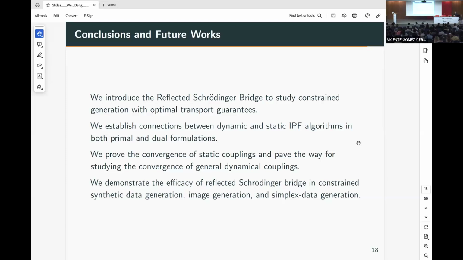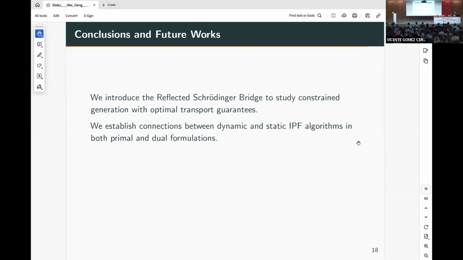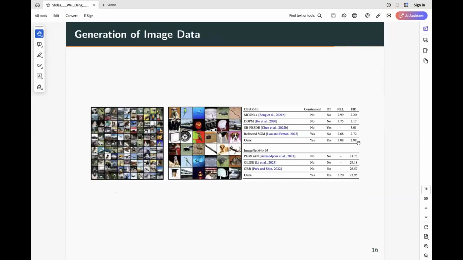Yeah. So I'm not very familiar with the existing work here, but could you explain, in the image generation experiment, what are the constraints that you use? The constraint is the cube domain, meaning, for example, the pixels are often constrained to be within a domain of 0 to 1, or from 0 to 255.